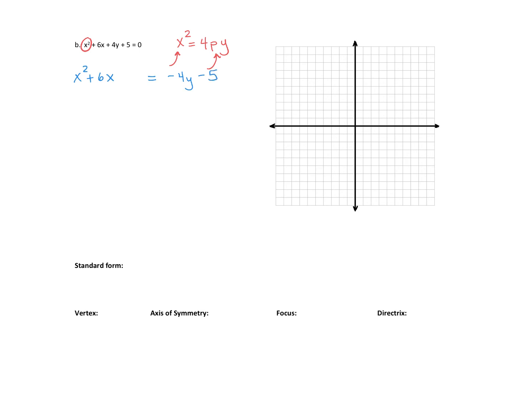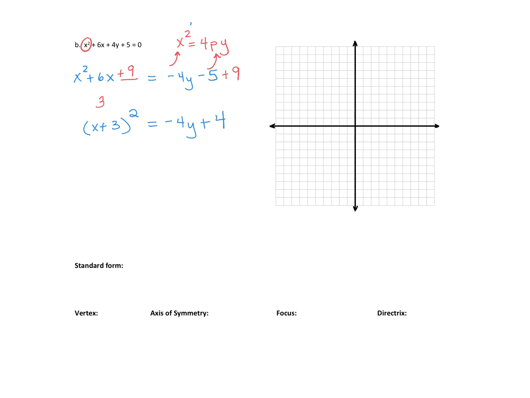Now I want to complete the square for the x's, and if I do that, half of 6 is 3, and 3 squared is 9. So we will add 9 to both sides, and then we will factor. So this will be x plus 3 squared equals minus 4y plus 4, and we're close.